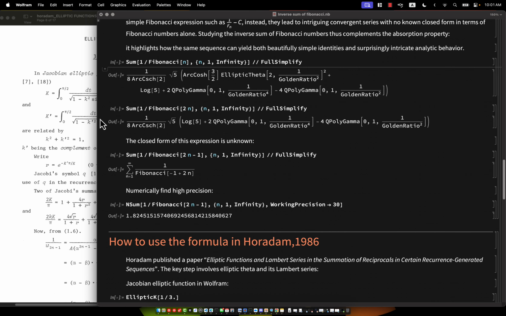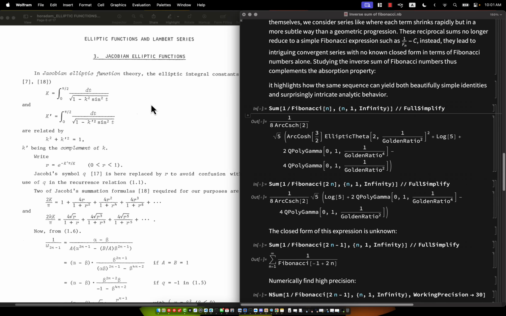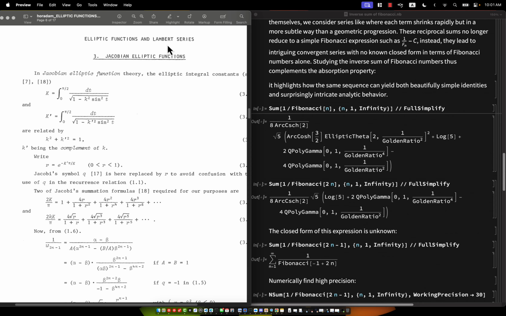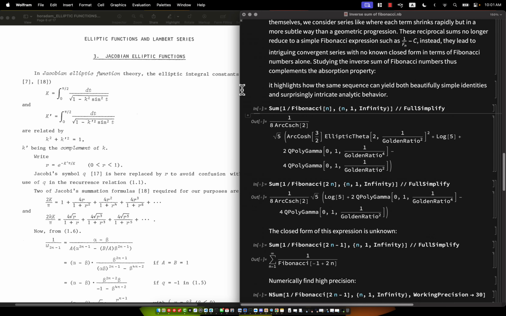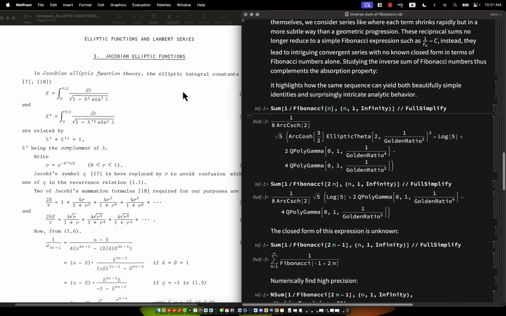But there's a paper online that shows you how to do this type of thing. It's called Elliptic Functions and Lambert Series. It's published in Fibonacci Quarterly, so you can search for that. Because this paper is quite old, it's free for you to download from that webpage.